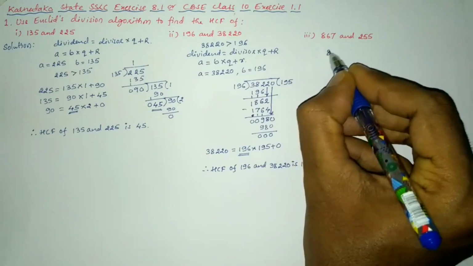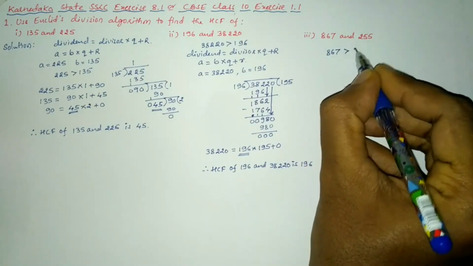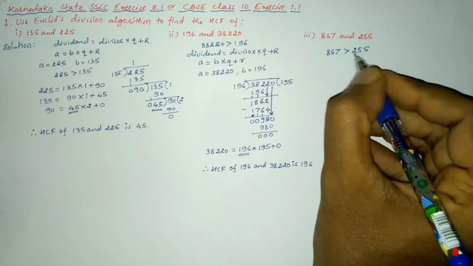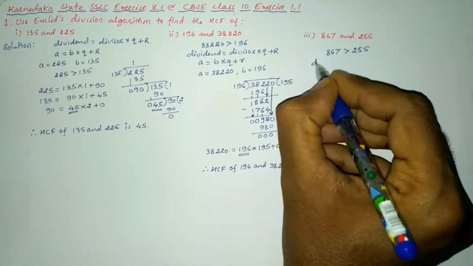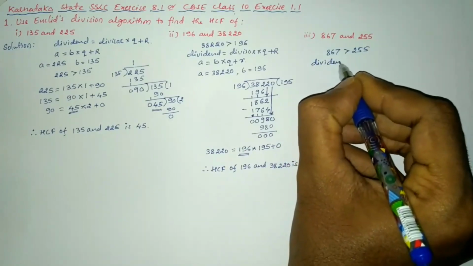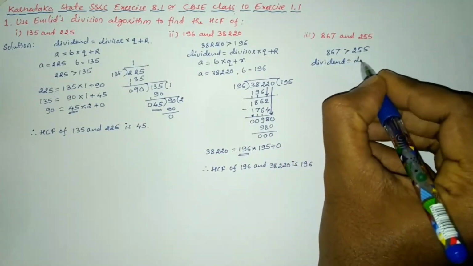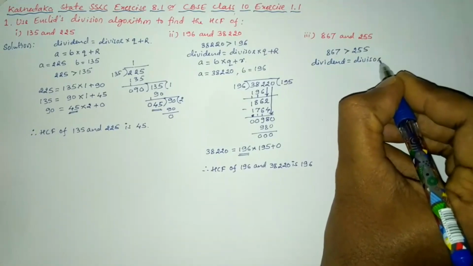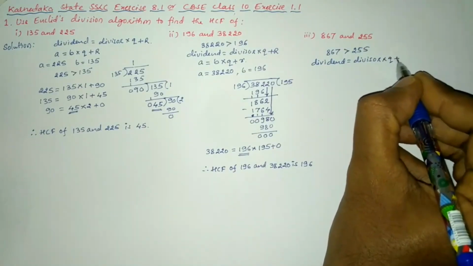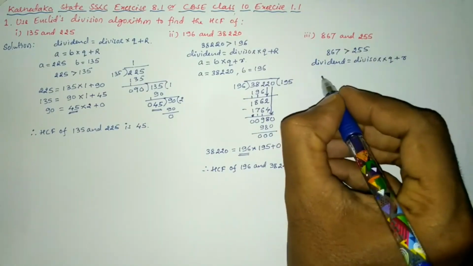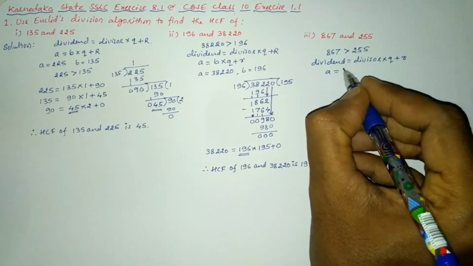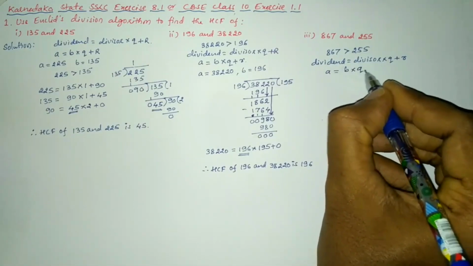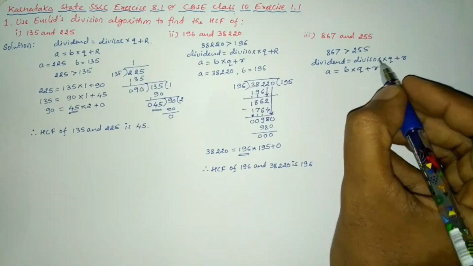Now let us move on to (iii). Here 867 is greater than 255. Let us write Euclid's division lemma, that is dividend is equal to divisor into quotient plus remainder. Now let us take dividend as A is equal to divisor is B into Q is quotient plus R is remainder.